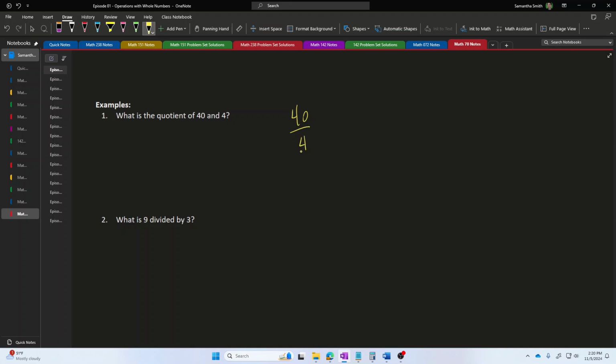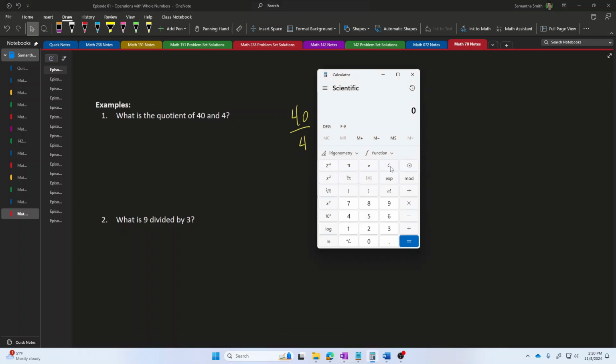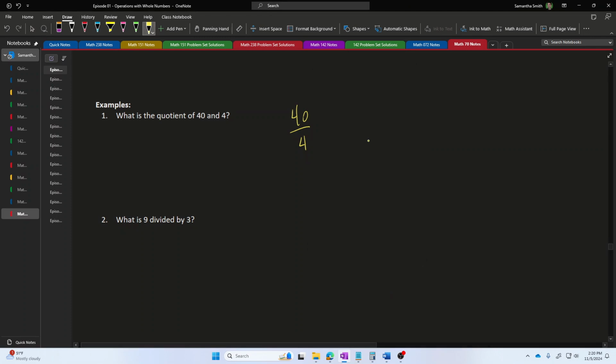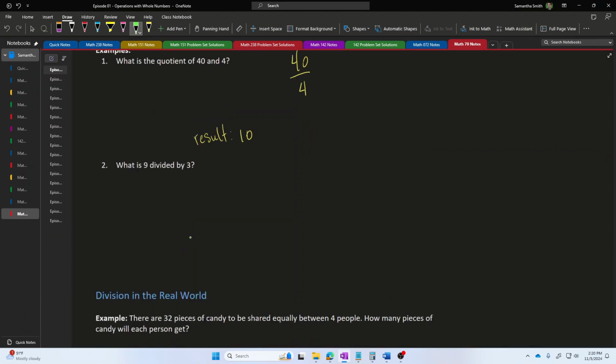What happens if you take a collection of 40 objects and you divide it into 4 piles? In that case, I have 40 divided by 4, giving me 10 objects left in each pile. Or I could say simply, what is 9 divided by 3?